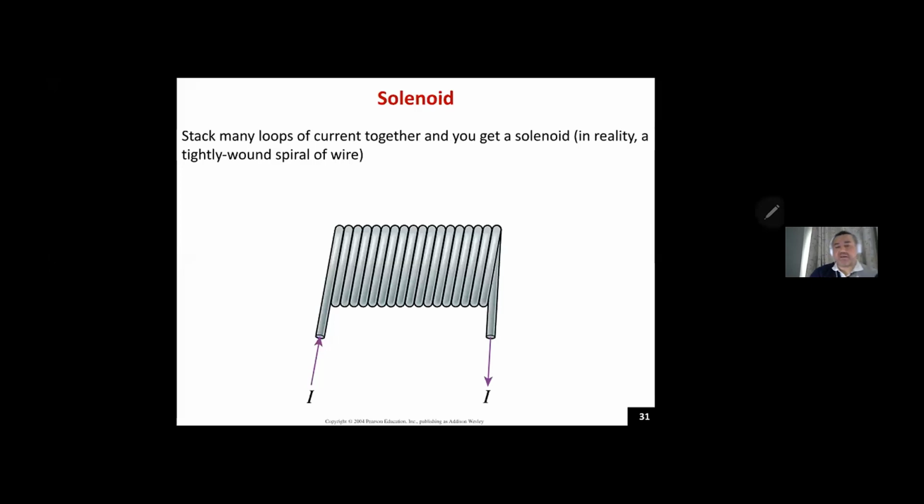Now, if I stack several loops on top of each other such that they are coming from the same wire with a tight wound, I will be getting what's called the solenoid.